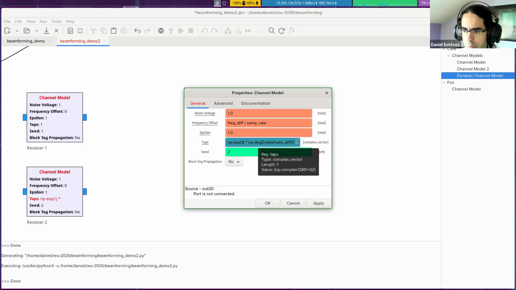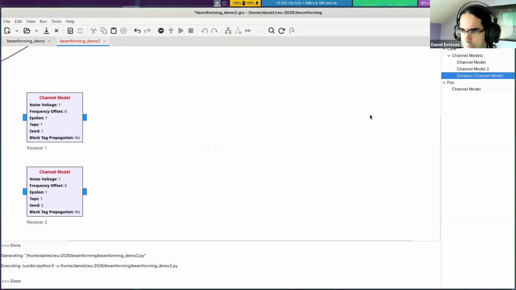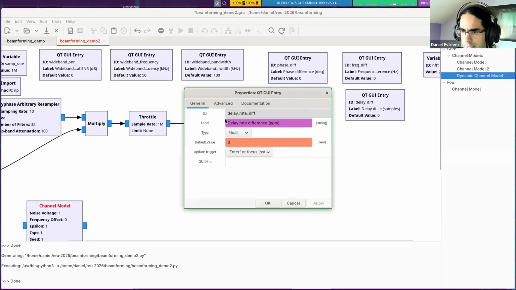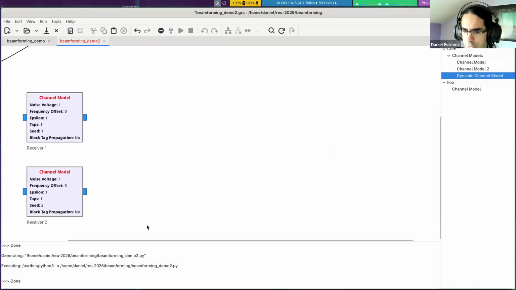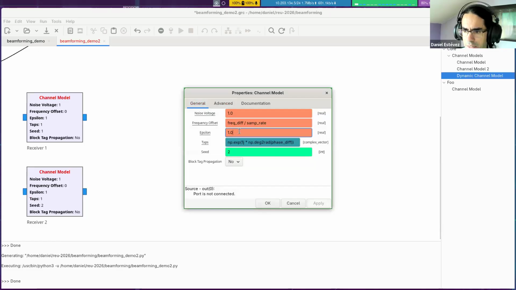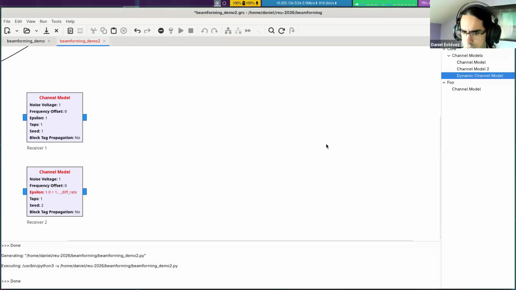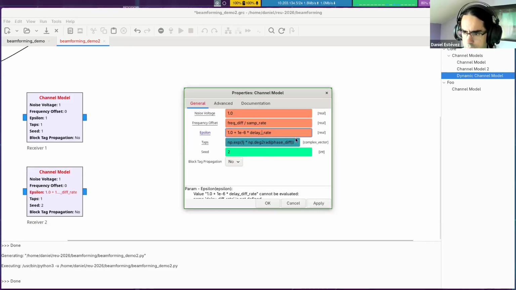Okay, so epsilon, we have in here the delay rate difference in parts per million. And this is supposed to be a quotient. So I'm going to write the formula and explain it. It's going to be the delay rate difference, I think the name of the variable is delay rate diff.